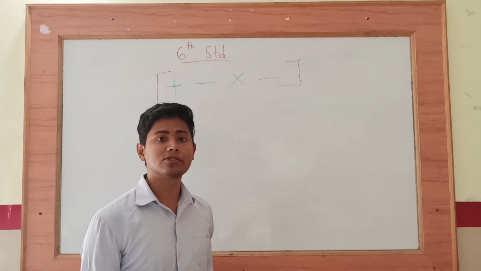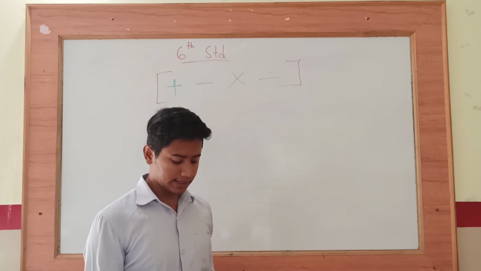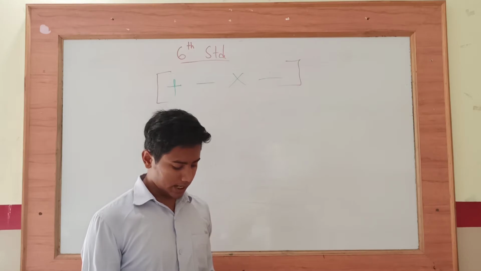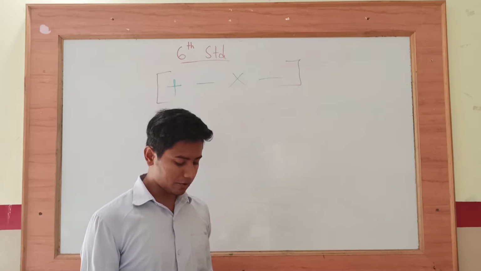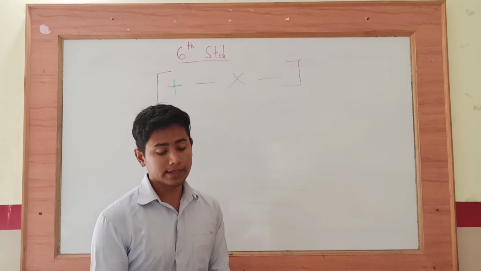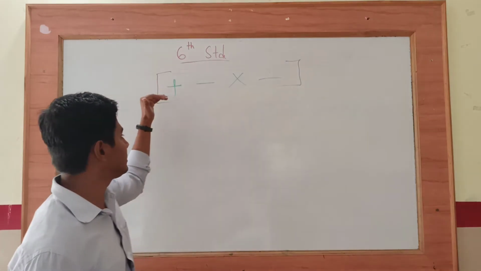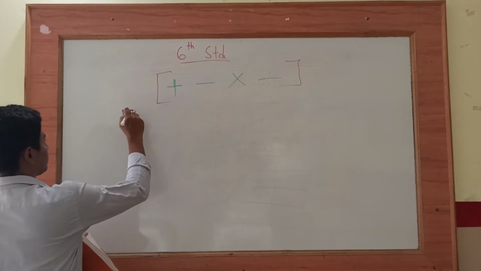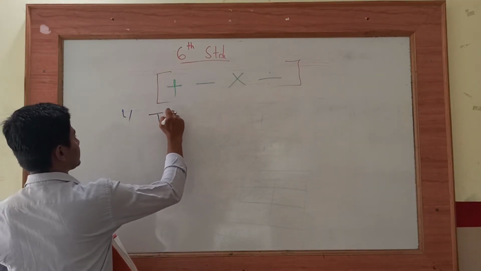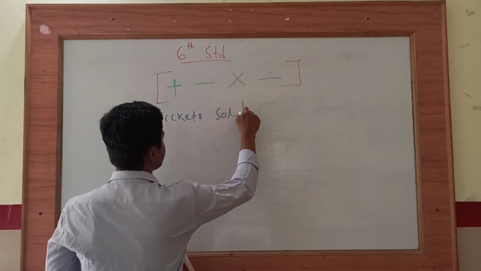So how many tickets were sold? It is given here. First day, second day, third day, respectively 1094, 1812, 2050, and 2751. So here you can see respectively. First, what is given?